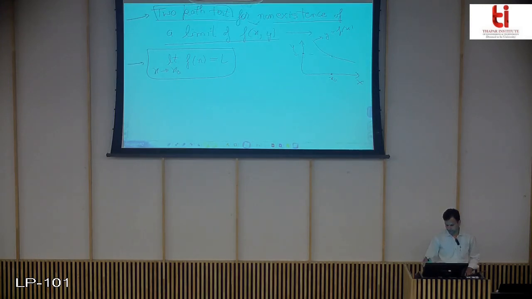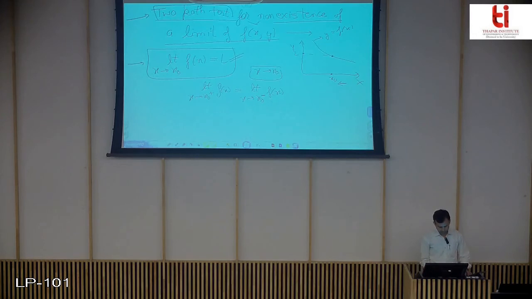Now, in a single variable, when we say that x approaches x0, we mean we are approaching x0 from the right hand side, and also from the left hand side.